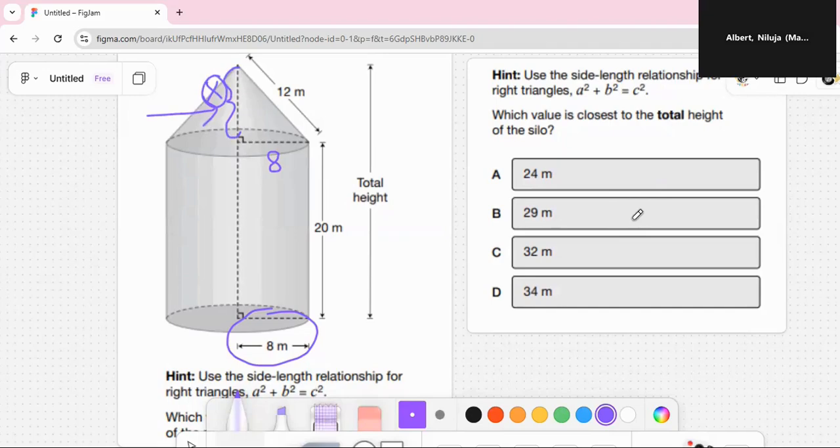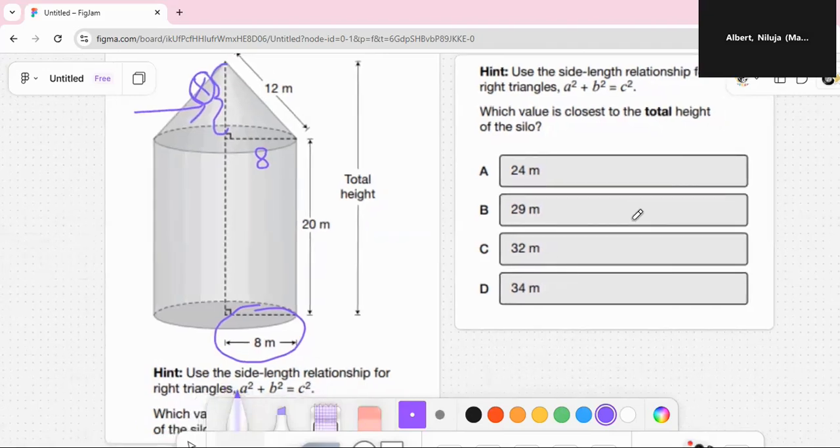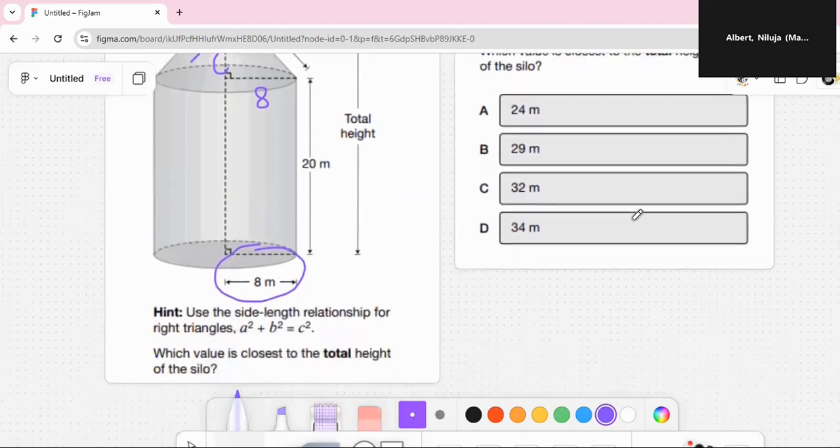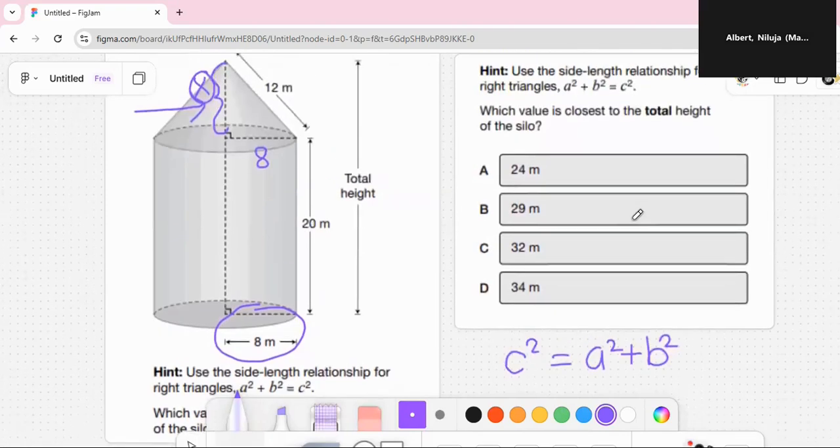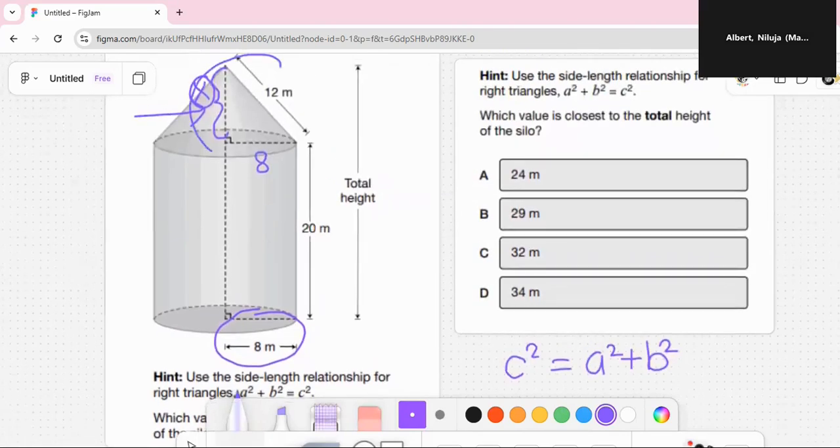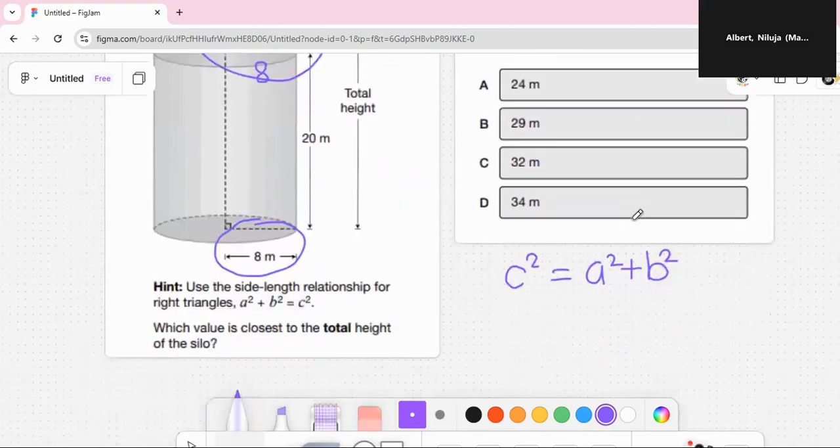So I have to use the Pythagorean theorem very carefully. I can't substitute 8 and 12 for a squared plus b squared because c squared actually represents the hypotenuse. And in this particular case, in the right angle triangle over here, 12 is the hypotenuse.